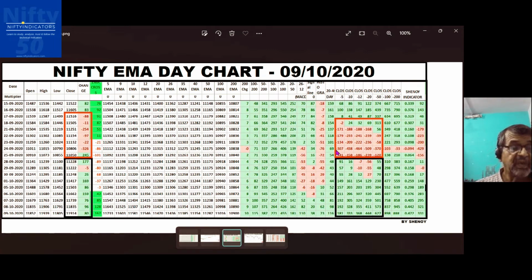On 25th of September 2020, Nifty closes above 5-day EMA. Then slowly it starts moving above 10-day EMA, 12-day EMA, 20-day EMA, etc. Because of this, the EMA chart is showing bullishness that Nifty is going to go up, and you can see how it has started moving up and it has gone up.